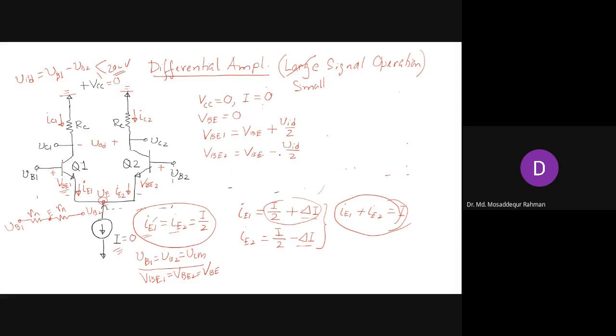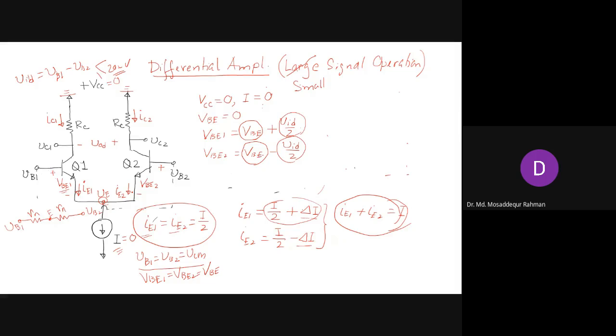For the small signal now, when you set this DC voltage and current to 0, that means we have to remove also the DC part of the bias voltage. And we keep only the AC part, that is VID by 2 and minus VID by 2, for the voltage between base and emitter. That doesn't mean that we do not have the DC bias voltage. We have it, but we are not including it in our circuit because we are analyzing the circuit for small signals.